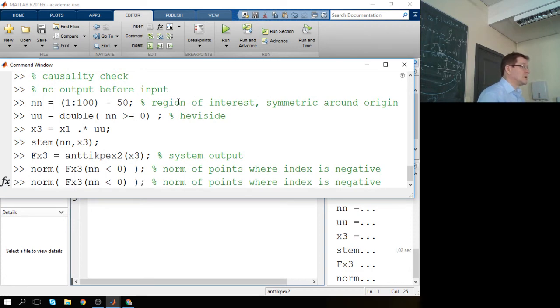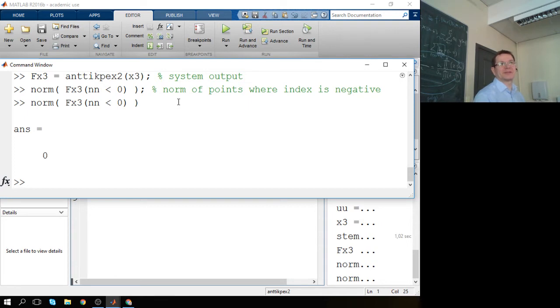Oh, that's great. Oh boy, this is one of those days. Okay, so it's 0. So this system is also causal, not just linear.